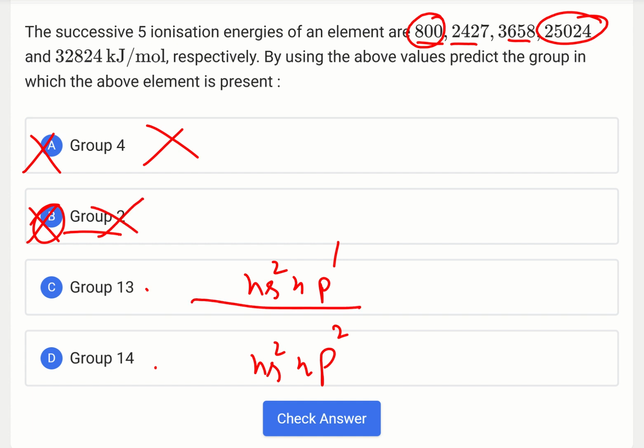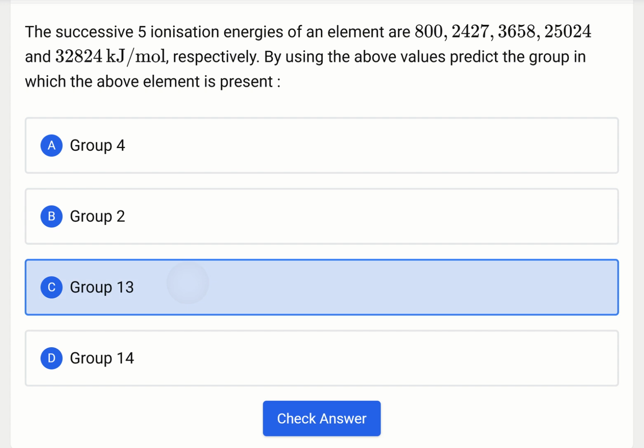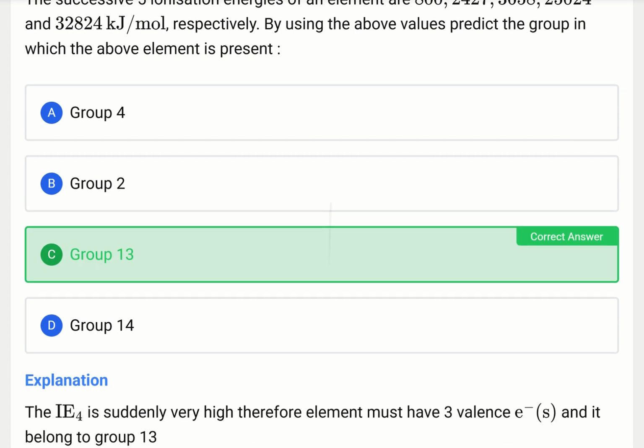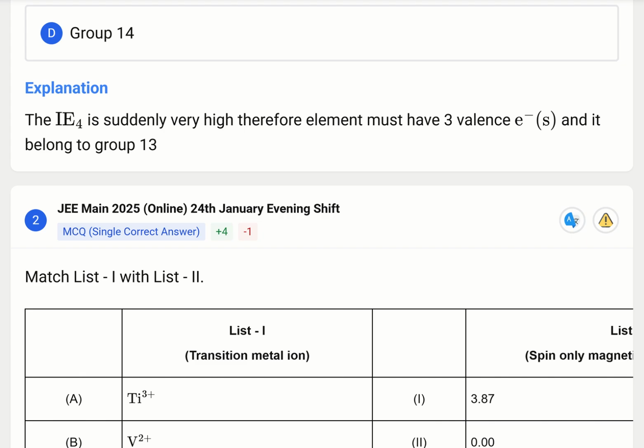So if you check group number 13, just remove 3 electrons, you will get neon, right? Now removing an electron from neon requires a very large amount of energy because it is a noble gas. So definitely I will go with answer C, group 13. So that is our answer. Now the explanation is also available, so we will not discuss that explanation.